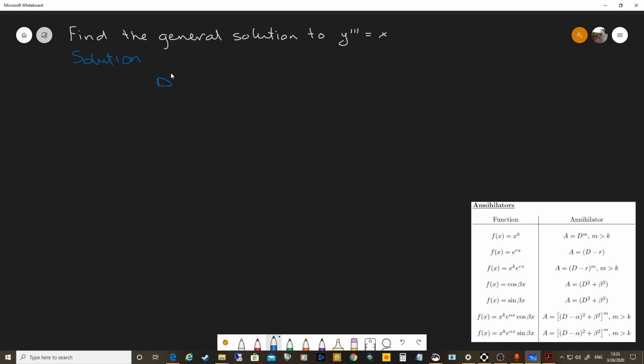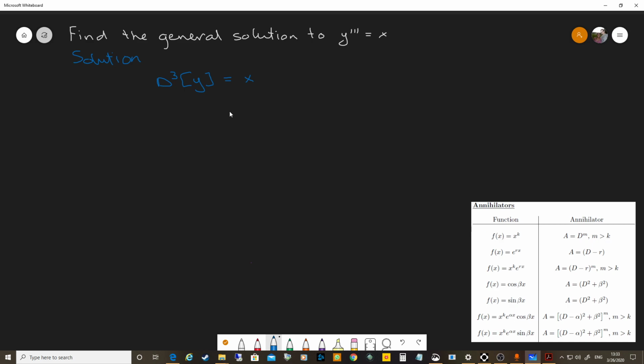Let's start out by writing this differential equation in operator notation. So we have D cubed of y equals x, and now we want to find an annihilator, a differential operator that makes this right-hand side 0. You can see here in the handout for annihilators that x to the power k gets annihilated by D to the power m, where m is greater than k.